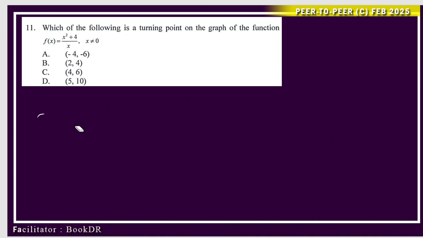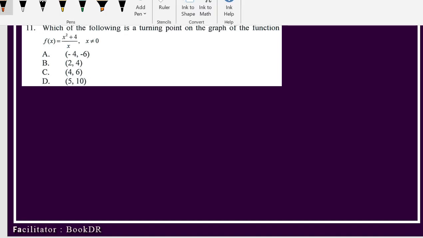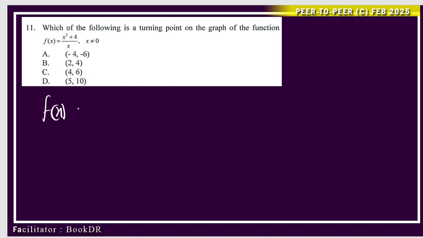Well. Let's rewrite this fraction, split the fraction. So our function can be rewritten as x squared over x plus 4 over x, and this will give us x plus 4 over x. Good. Or otherwise x plus 4x to the power negative 1. Then we differentiate.